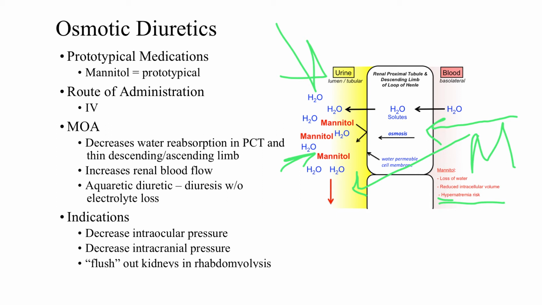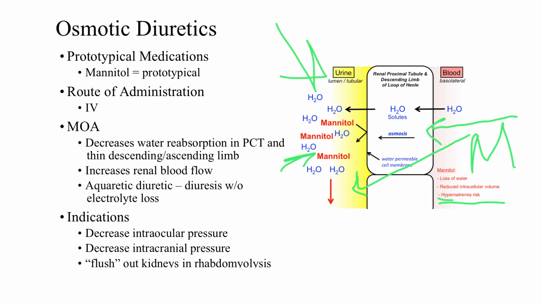In this case, we've just messed up the ratio of water to sodium. So we call it relative in that it can be restored by the maintenance of fluid administration. So again, diuresis with water loss. In some cases, it's called an aquaretic diuretic with no alteration to transporters that move various electrolytes or acids or bases. So we're just getting water loss.